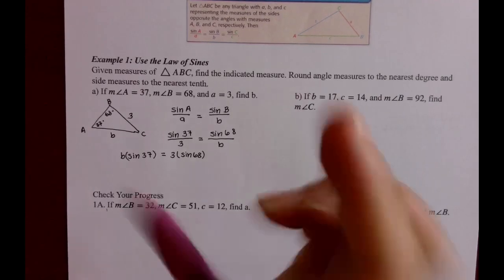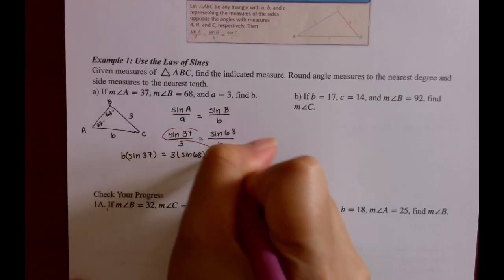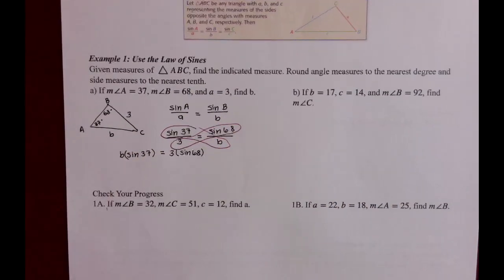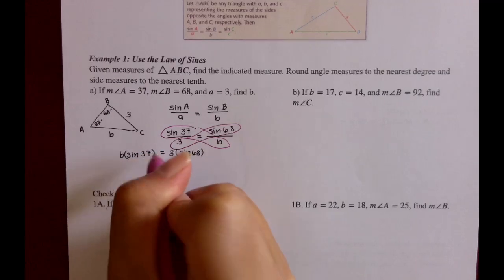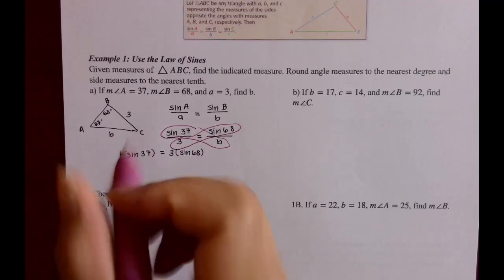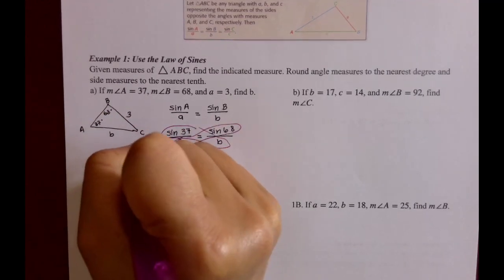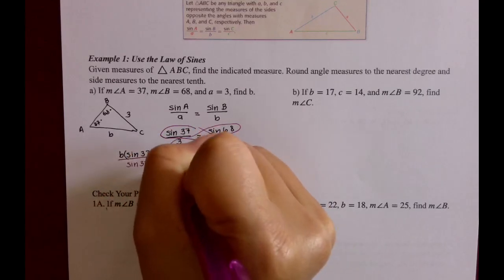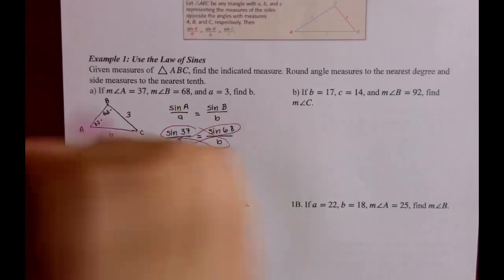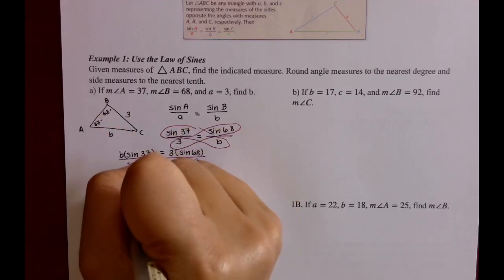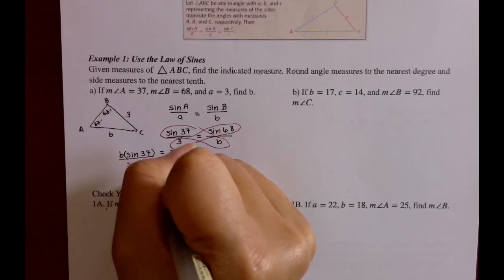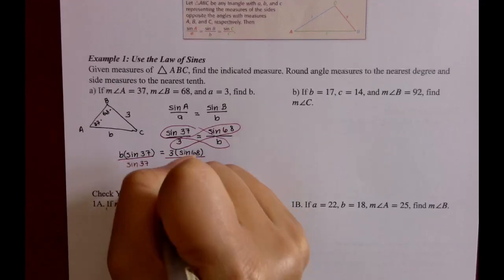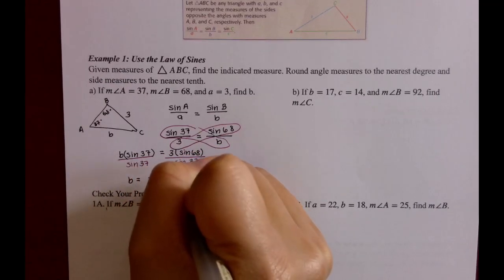Note here I cross multiplied. Now, to get rid of sine 37, it's being multiplied, so I'm going to divide by it. And so b equals 3 times sine of 68 divided by sine of 37.